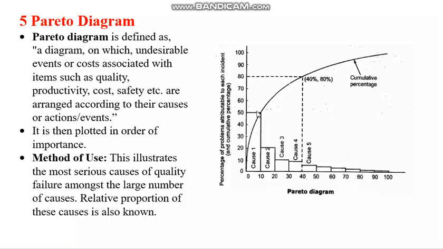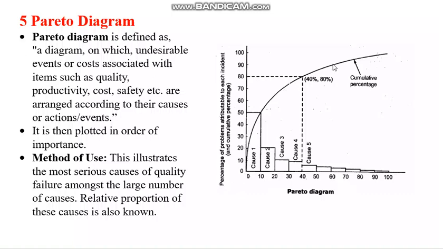The thing causing more problems is plotted first. The Pareto diagram is plotted in order of importance, the first cause, the next cause, like this. You can see this is going on reducing.